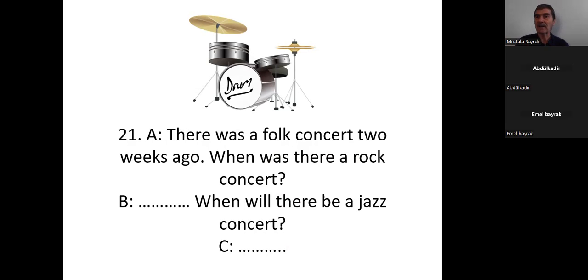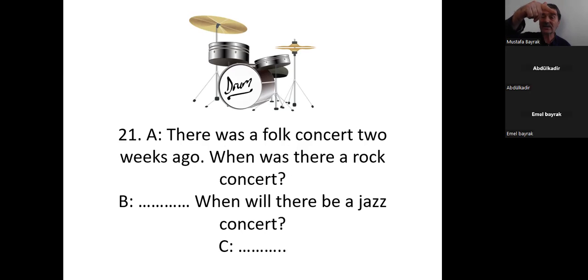For example, is there a classical music concert today? Yes, there is a classical music concert today, tonight. Okay, present. Will there be a jazz concert tomorrow? Yes, there will be. Okay, yes, there will be a jazz concert tomorrow.